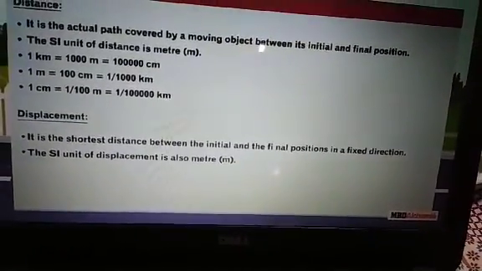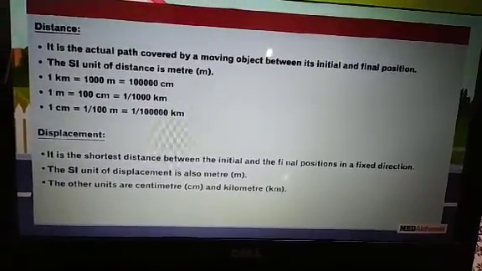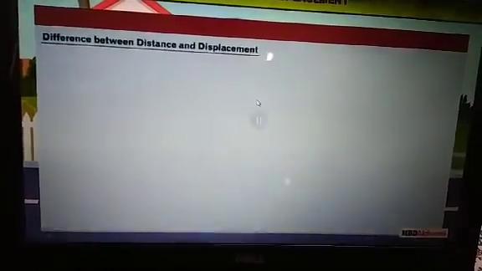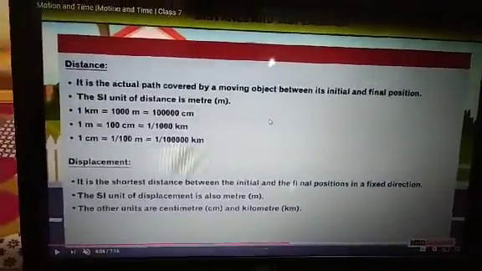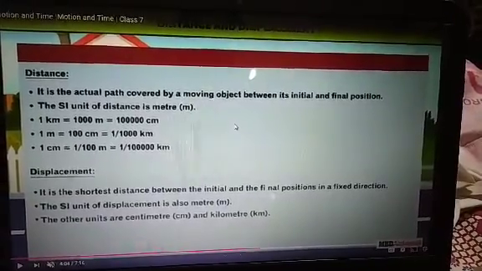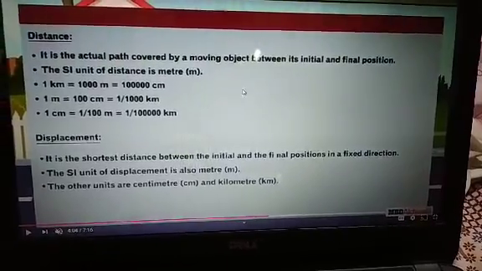Now, displacement. As I have told you earlier, displacement is the shortest distance between the initial and the final position in a fixed direction. Right?